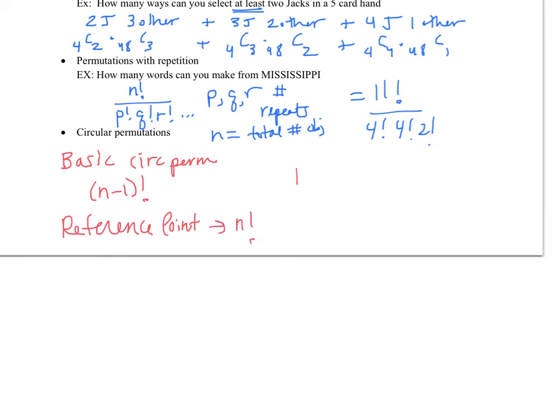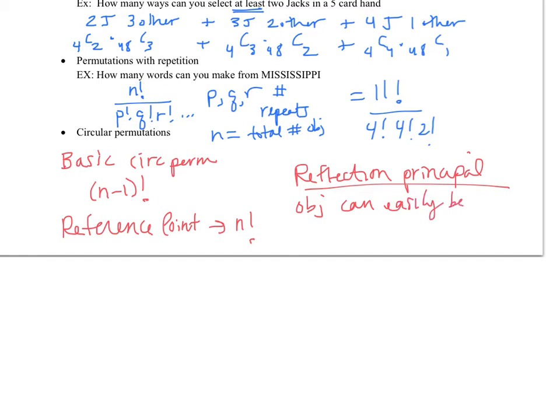And then our reflection principle says that if the object can easily be turned over in your hand, then you are going to divide the number of permutations by 2.